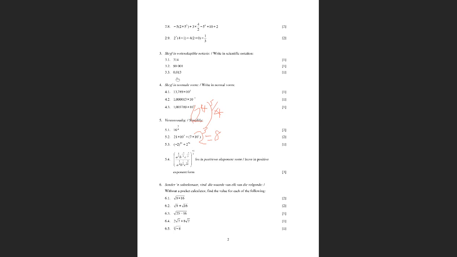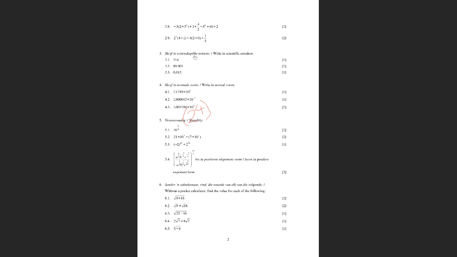Now, our next one. Sir, can you please repeat 5.1? Yes, 16 is the same as 2 exponent 4. 2 times 2 times 2 times 2 will give us 16.